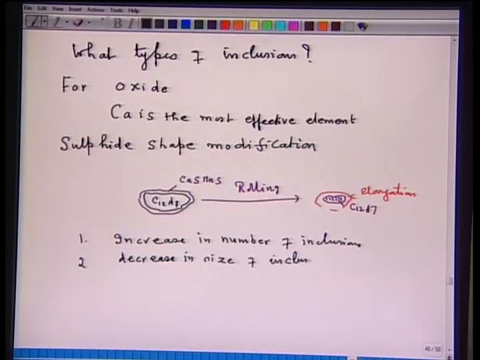As a result of both these effects, during inclusion modification by addition of misch metal in duplex stainless steel, they found that the hot ductility of stainless steel has been considerably improved.